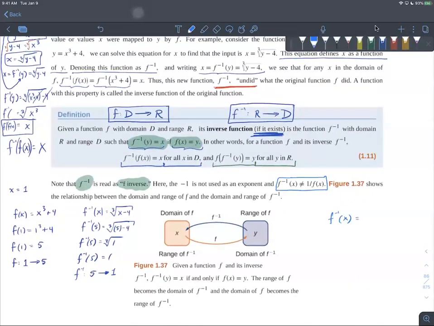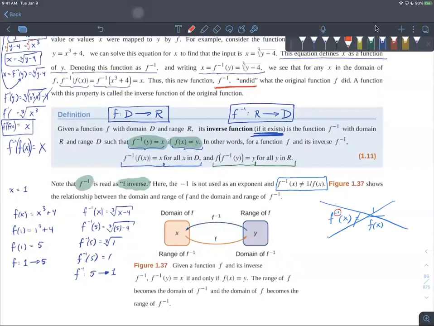This is just a notation to show that this is the inverse function of f. It does not mean the reciprocal of the function f of x. That is incorrect. This little -1 is just a notation to say that the function f inverse is the inverse function of f.